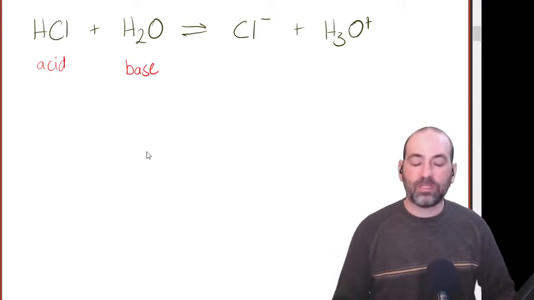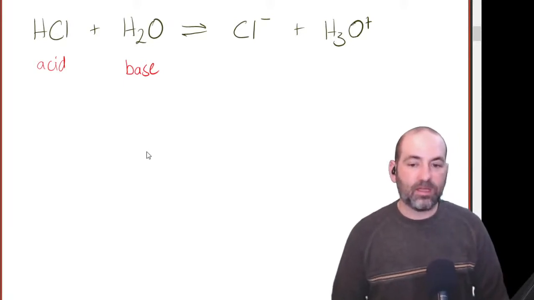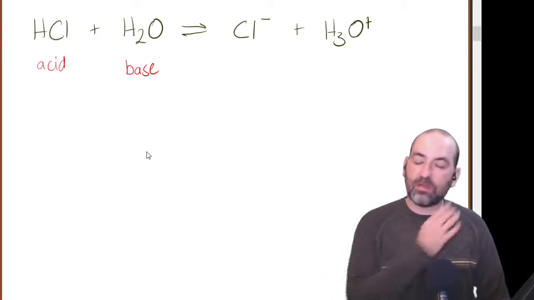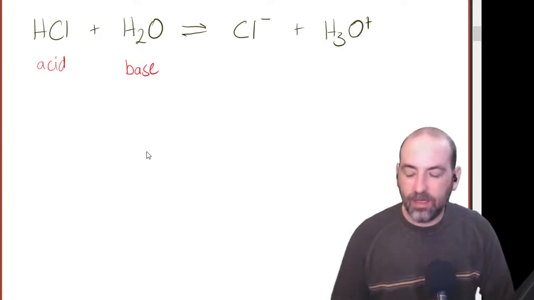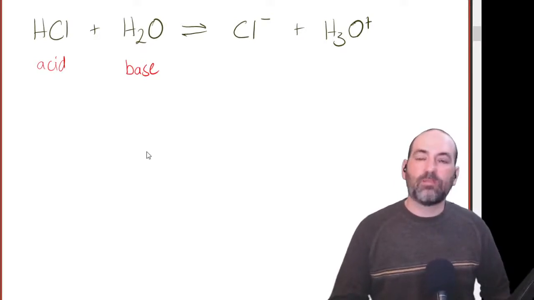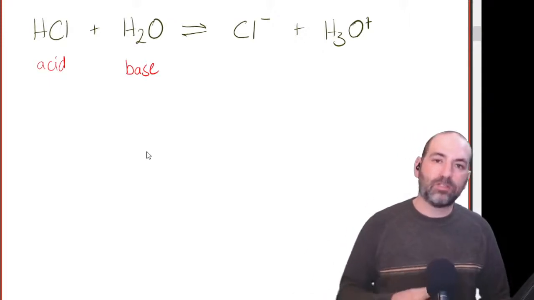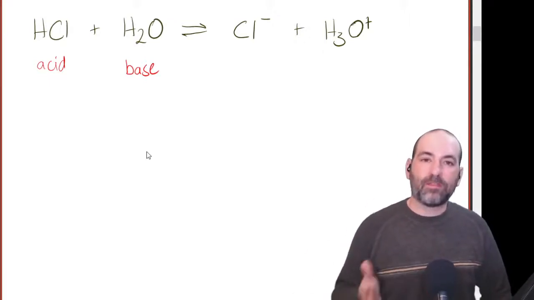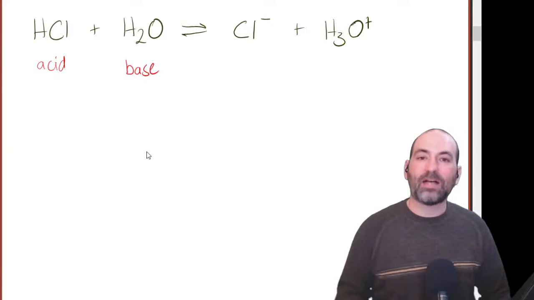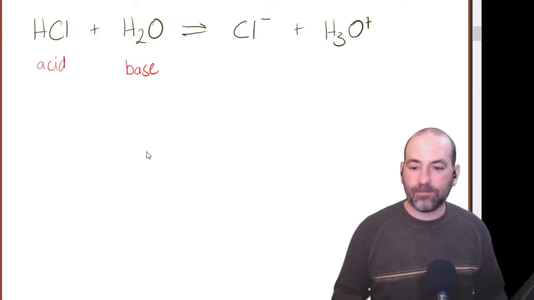Does that mean HCl is always an acid and H2O is always a base? Not necessarily, but in this particular reaction, that's how they're acting. So the Bronsted-Lowry definition, giving a hydrogen versus accepting a hydrogen, describes a process that's happening, not an identity of a particular compound.